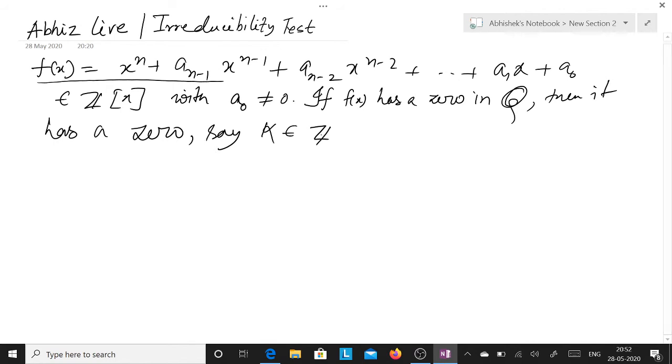So it has a zero in the ring of integers Z, satisfying the condition that this k should divide a_0. So this is the very crucial part of this theorem, and using this result you can deduce whether a given polynomial over Z is irreducible or not over Q.